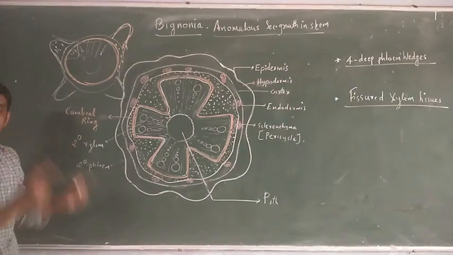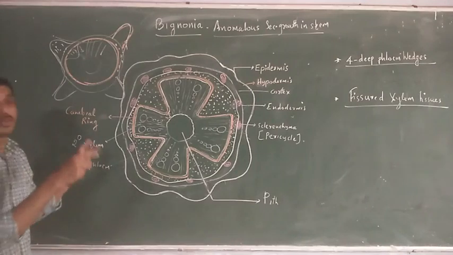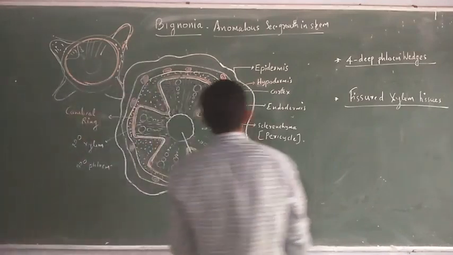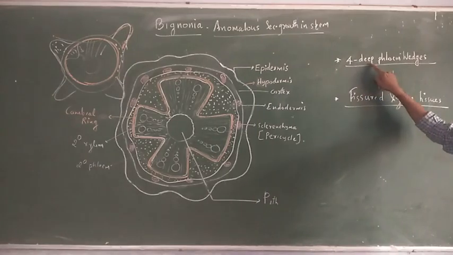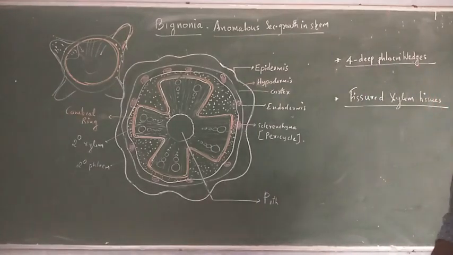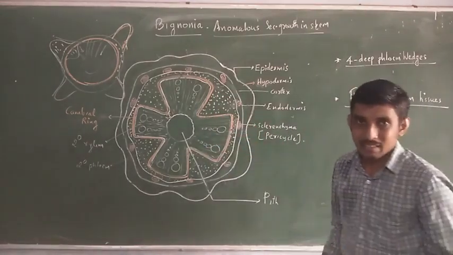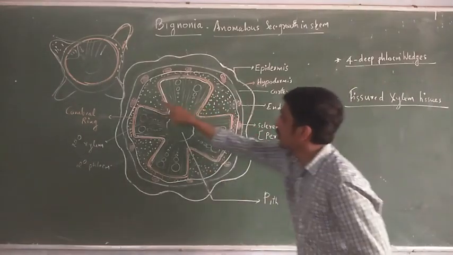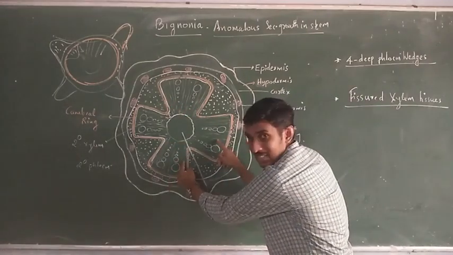So that is the first anomaly of Bignonia stem. The main anomaly is the presence of 4 deep phloem wedges. We can say that these 4 phloem wedges are penetrating within the adjacent xylem.